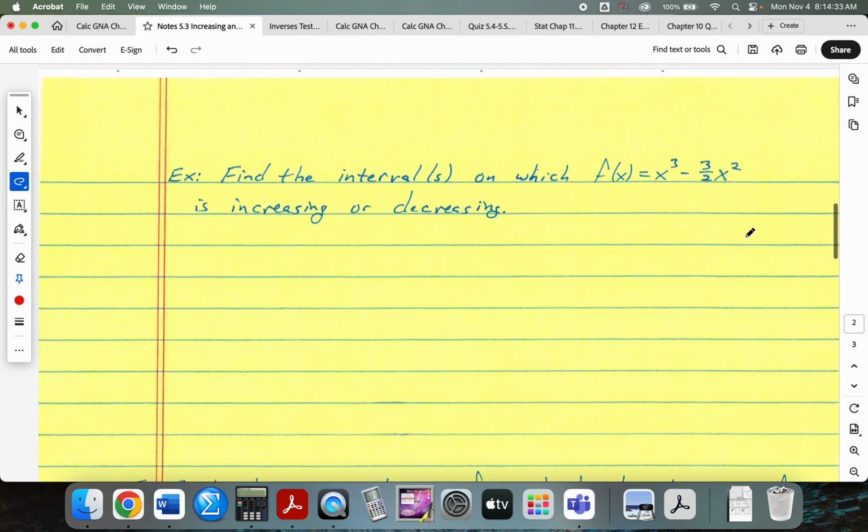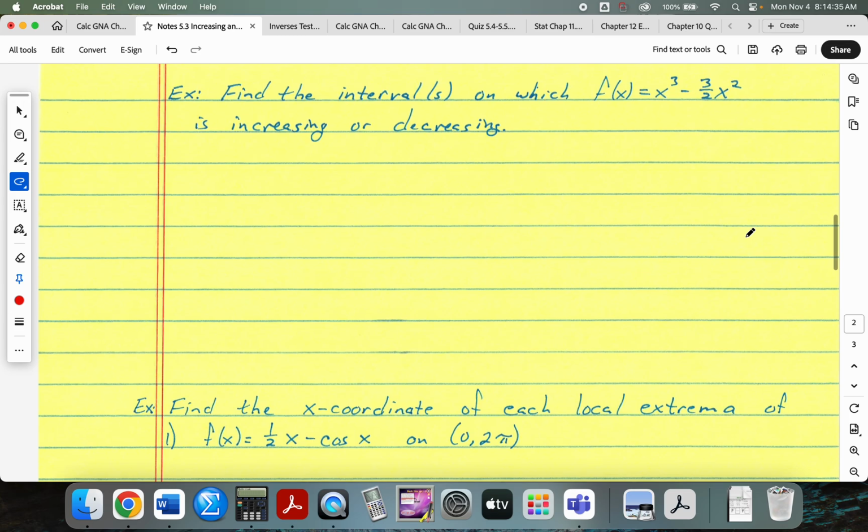All right? So let's find the intervals on which this cubic function is increasing and the intervals on which it's decreasing. So we'll start by finding critical points. To do that, we take the derivative. It's 3x squared minus 3x. I always tell students, first consider, is there a place where this function doesn't exist?